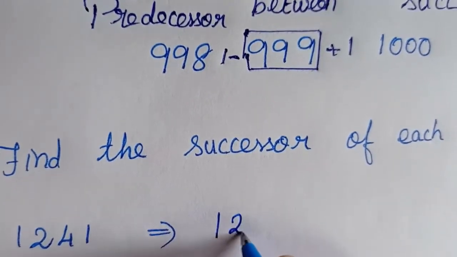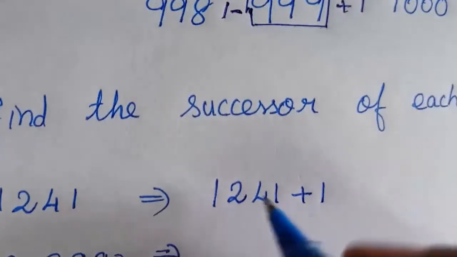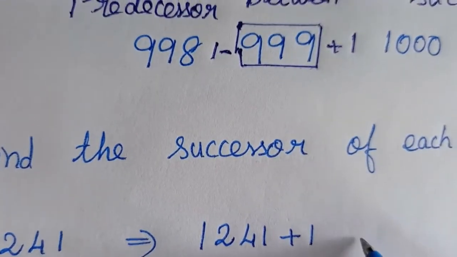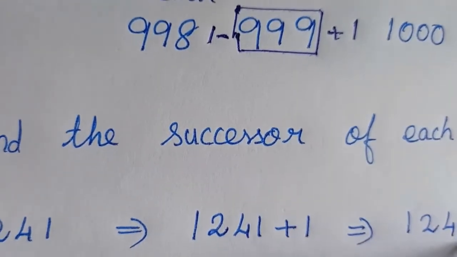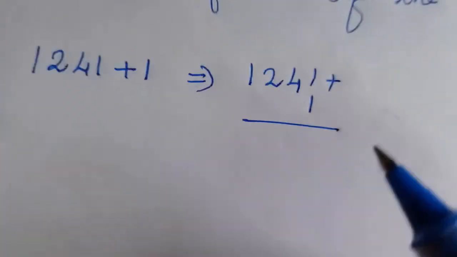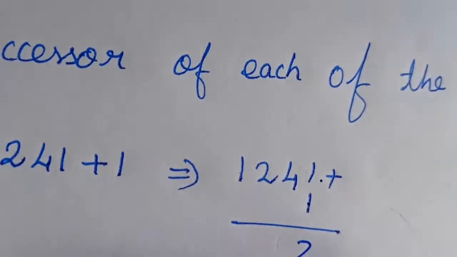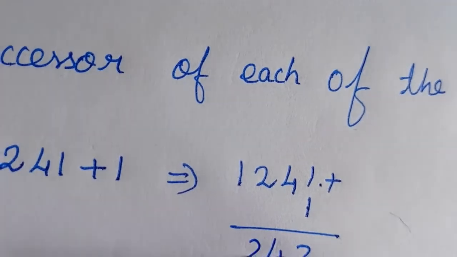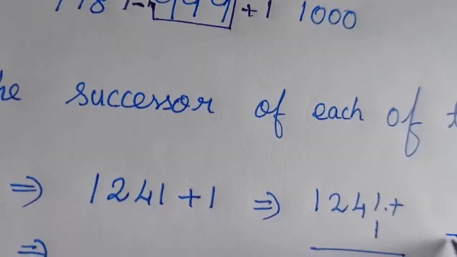So 1241 plus 1. Add the ones place value: 1 plus 1 is 2, and the remaining digits are 4, 2, 1. So the successor of 1241 is 1242.